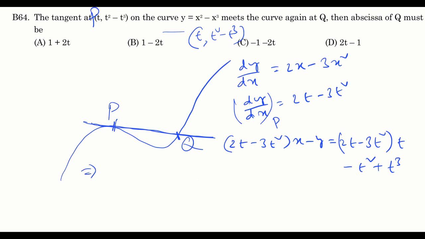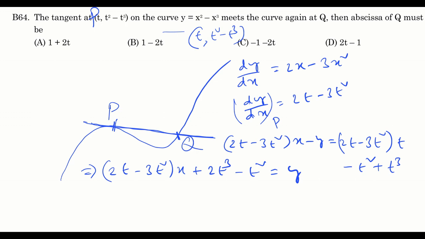Simplifying, what am I having here? I have 2t minus 3t square into x. Bringing everything this side, that is minus 3t cube plus t cube, that will be minus 2t cube, and 2t square, that will be minus t square, is equal to y I get. So this is the tangent equation.